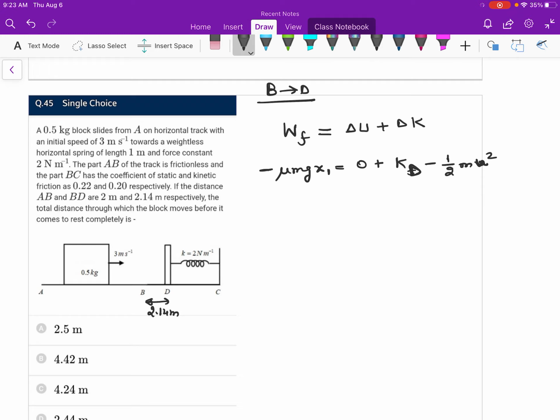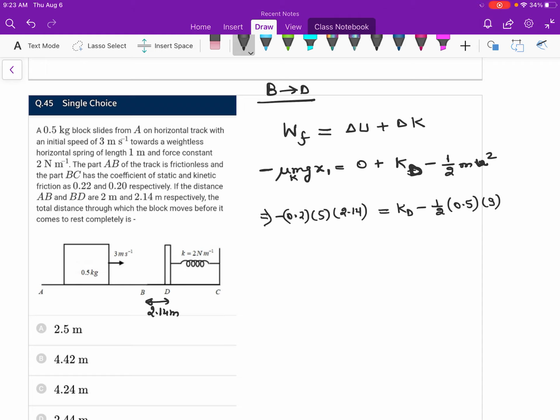Okay, so this is kinetic energy at D. So minus mu mg, mg is 5 and mu is 0.2 kinetic friction. So 0.2 into 5 into 2.14 is equal to Kd minus half m v square, which is 2.25.